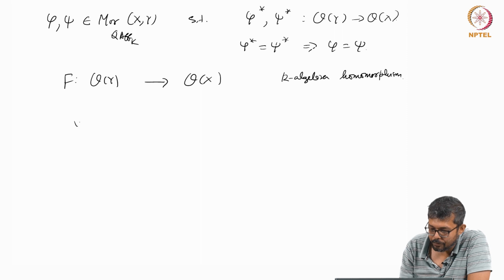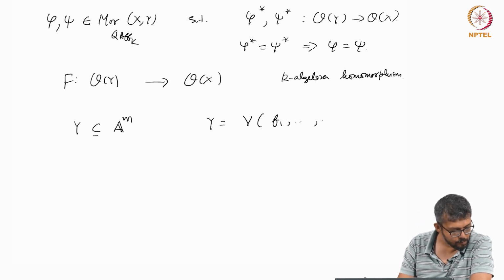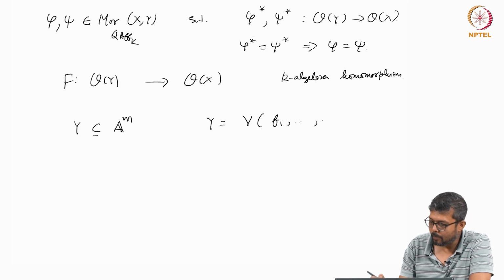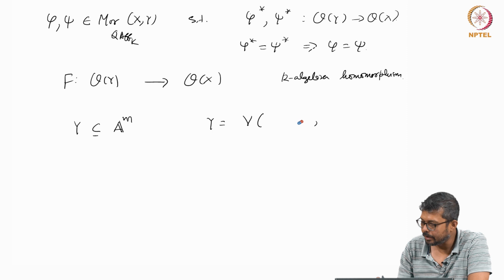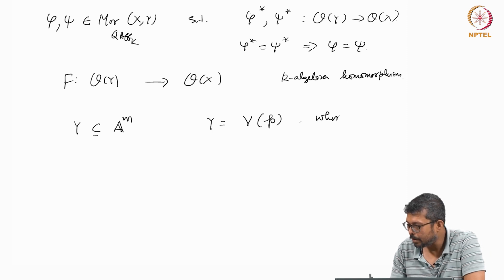So Y is an affine variety, so Y is in some A^m, and suppose Y is given by some ideal, say F1, F2. Let's write V of P, where P is a prime ideal.